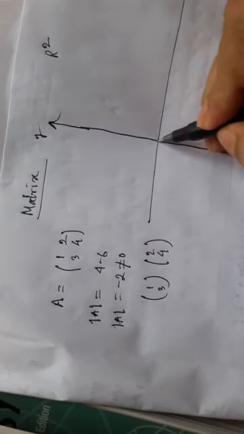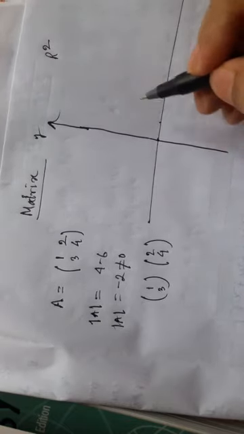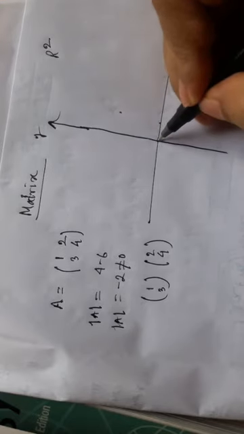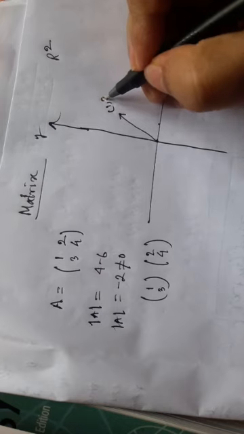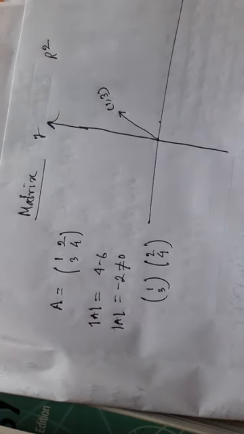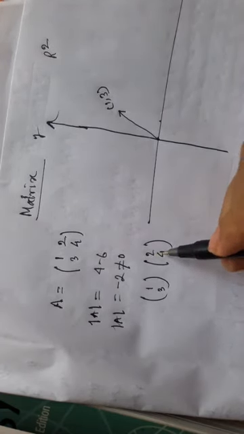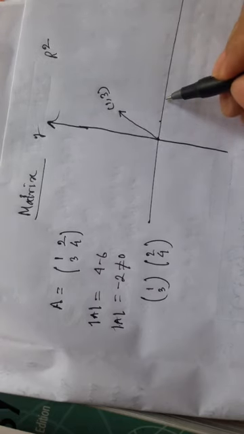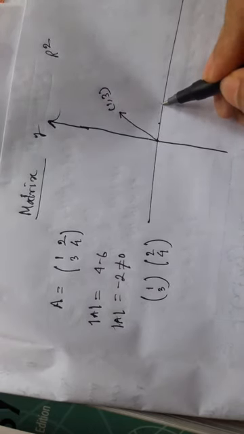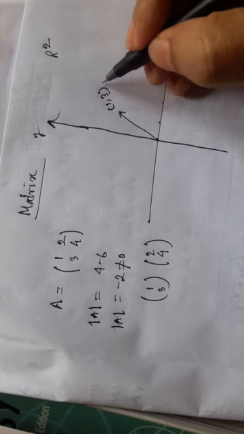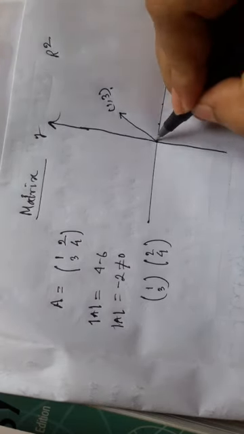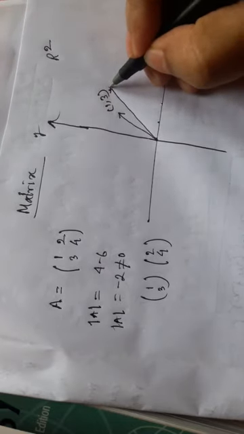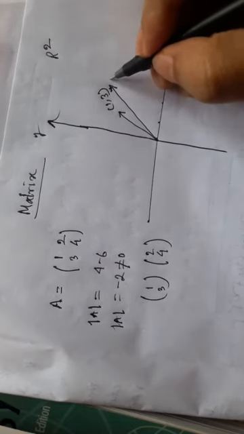So 1, 3 means approximately we take 1, 3. So this is the 1, 3 vector. Now consider 2, 4. So 2, 4 will be in this area. So the 2, 4 vector is this.